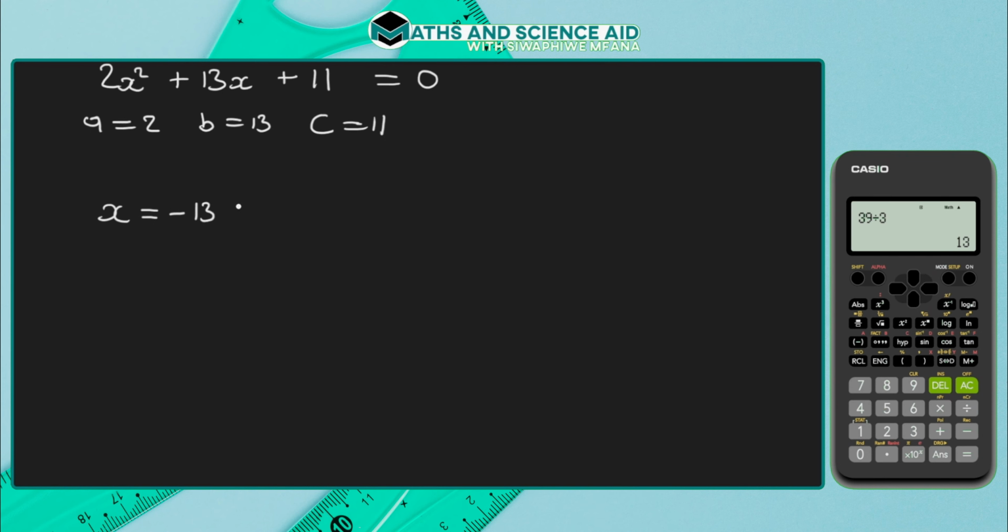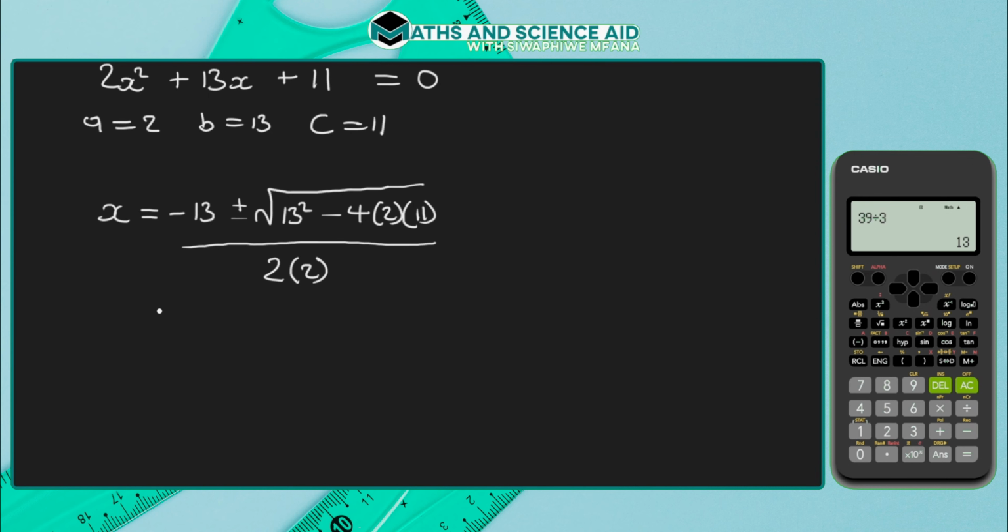negative 13 plus or minus the square root of 13 squared minus 4 multiplied by 2 multiplied by 11. Okay, and so we need to divide all of this by 2 multiplied by 2.